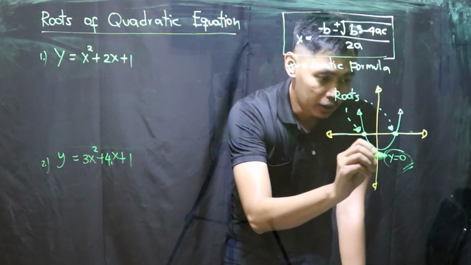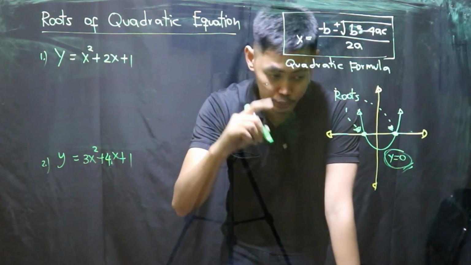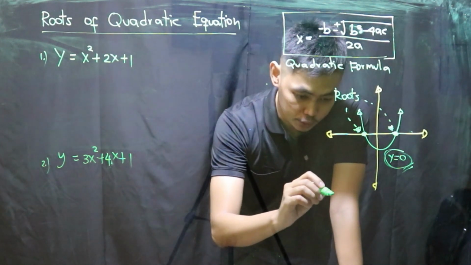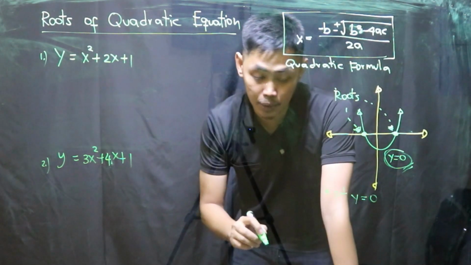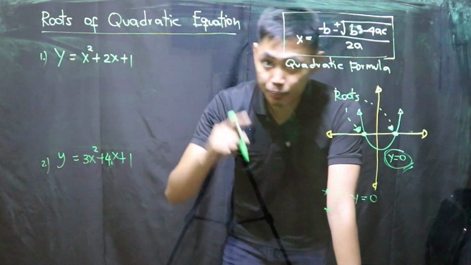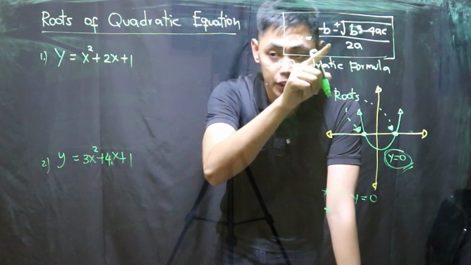So the first thing that we will need to do to extract the roots is to set y equal to 0, and then we could either use the quadratic formula, which is this.